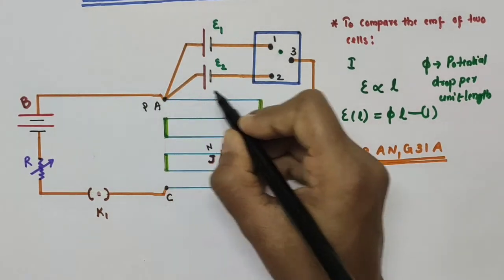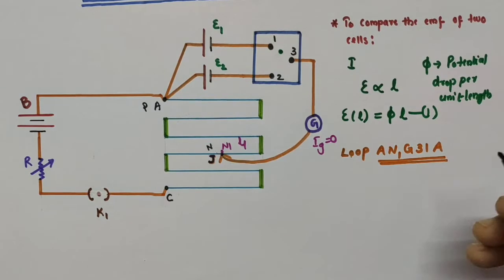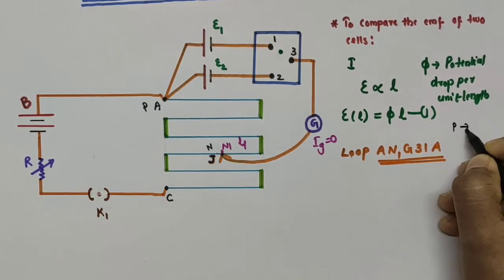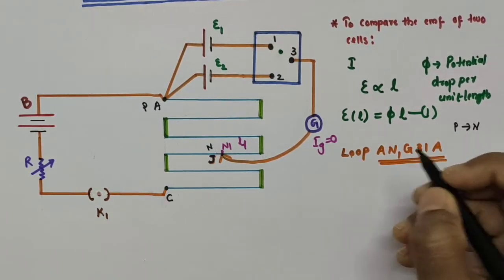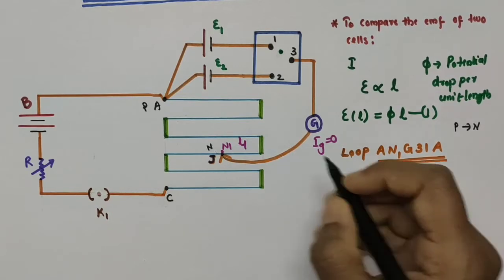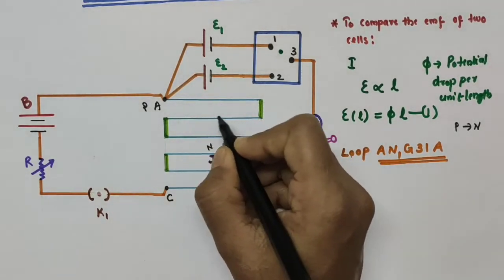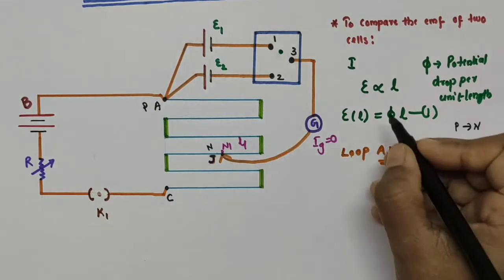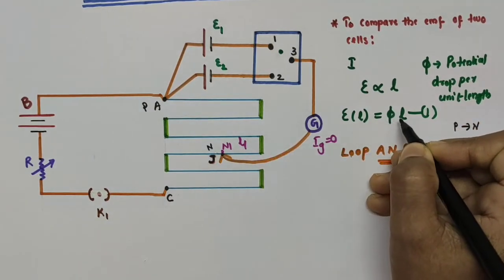So we are walking from P to N. As per the Kirchhoff loop rule, if you are walking from P to N, the corresponding potential difference must be taken as negative. So what will be that potential drop here? That will be phi into L1.